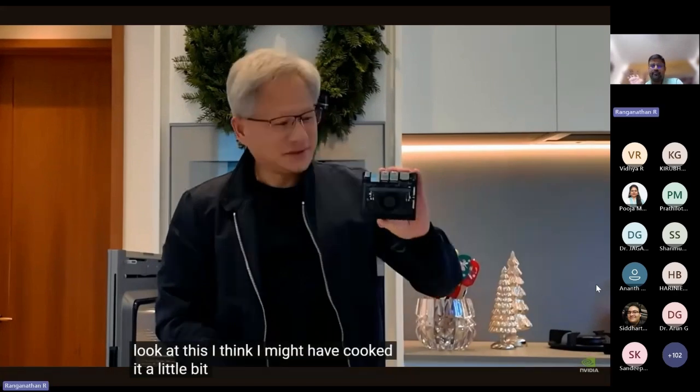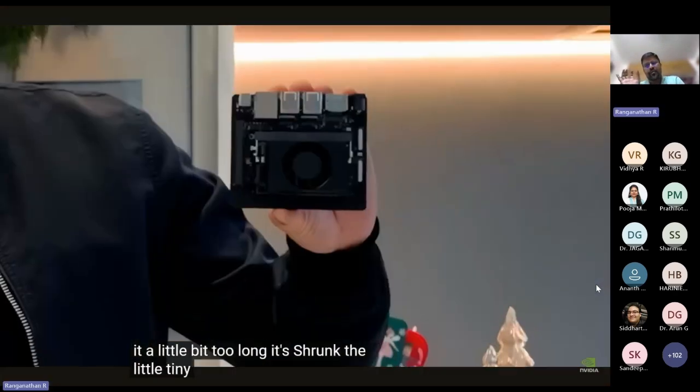Just the size of a palm, right? That has the capability of a supercomputer.